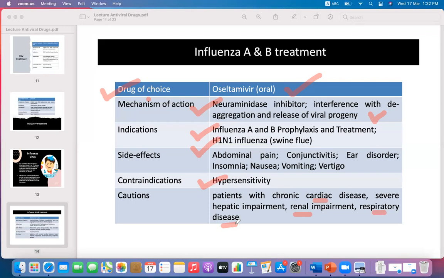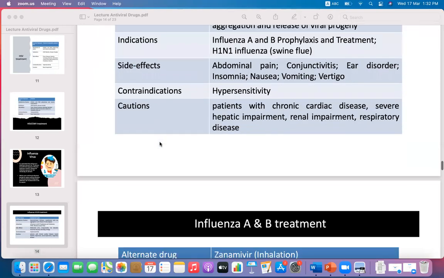So, the drug of choice for the treatment of influenza A and B is oseltamivir, which is from the category of neuraminidase inhibitor.